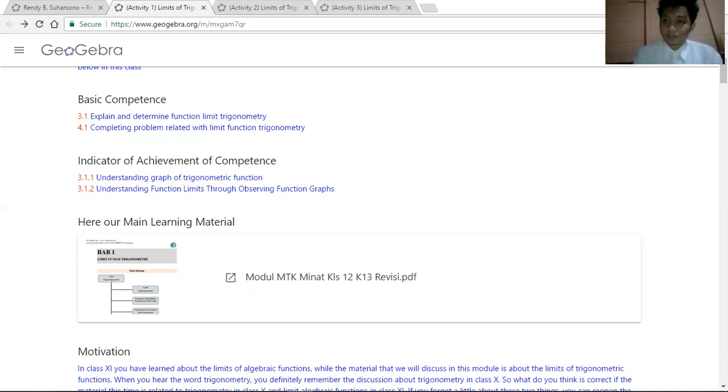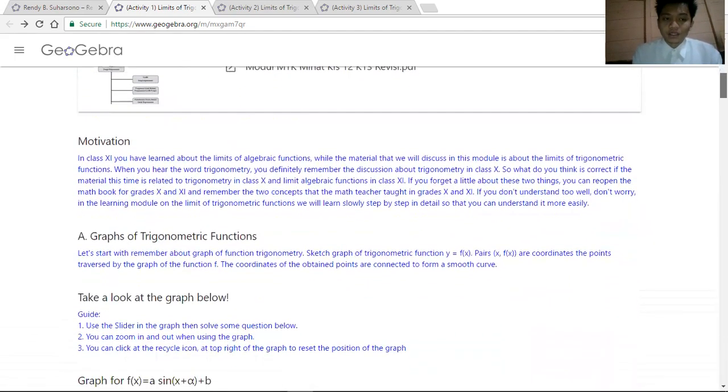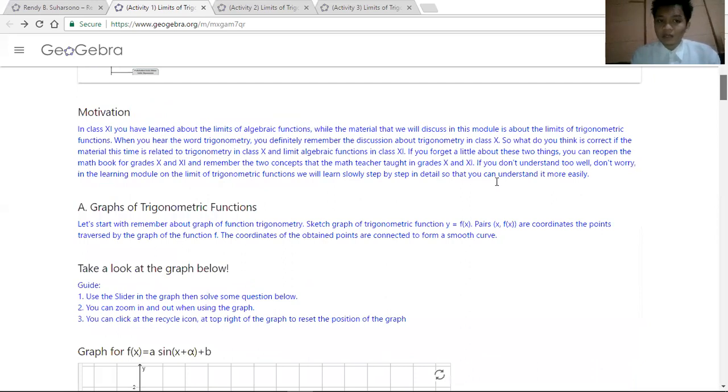Here are the main learning materials. Motivation. In class 11, you have learned about limits of algebraic function, while the material that we will discuss in this class is about the limit of trigonometric function. When you hear the word trigonometry, you will definitely remember the discussion about trigonometry in class 10. So what do you think is correct?